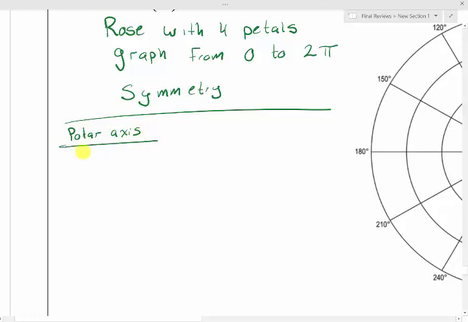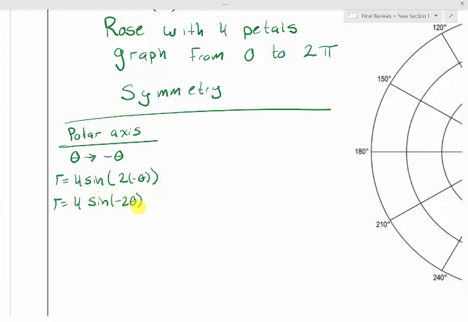So for our polar axis, we're going to take theta and replace that with negative theta, and then simplify our equation as much as we can. So we're going to have r equals 4 times the sine of 2 times negative theta. Well, it's going to give me r equals 4 times the sine of negative 2 theta. And then since sine's an odd function, that negative will come out to the front.